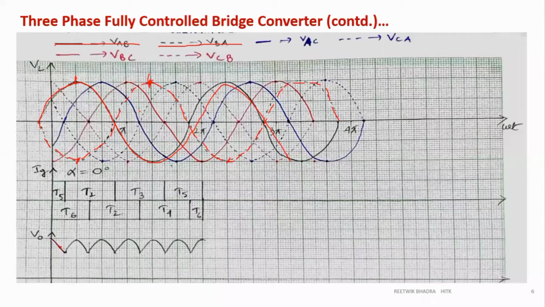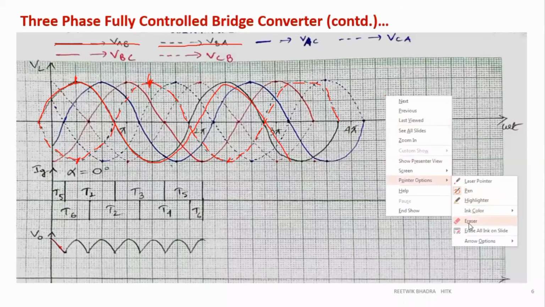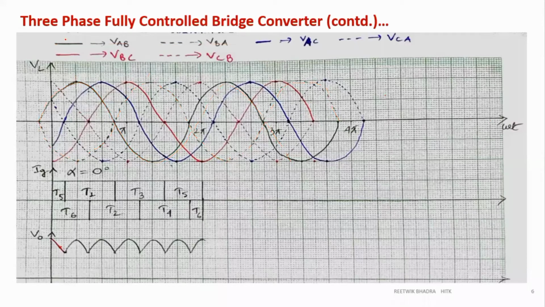That will give you VBA. So only 3 line voltages you have to draw, and opposite line voltages will be dotted line, just the replica of that. So you think the x-axis to be a mirror. So mirror image. I think everybody has understood this one, how to draw VAB, VBA.